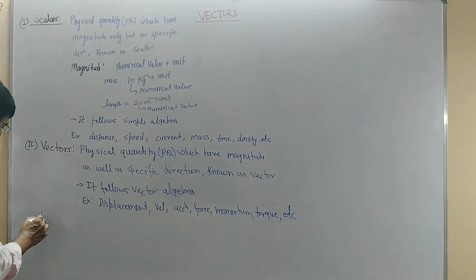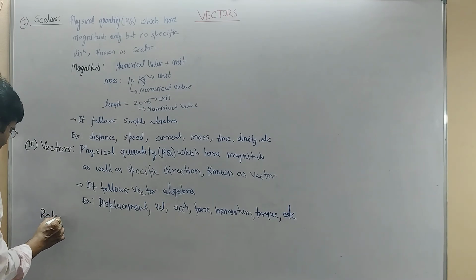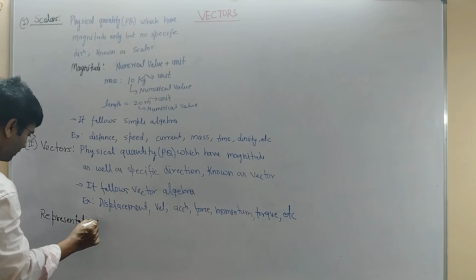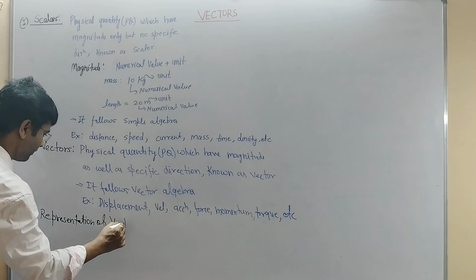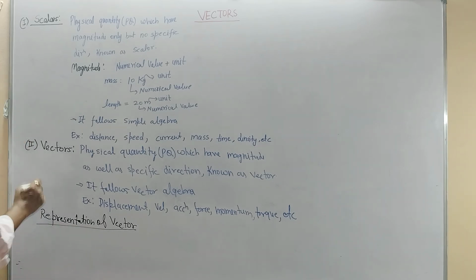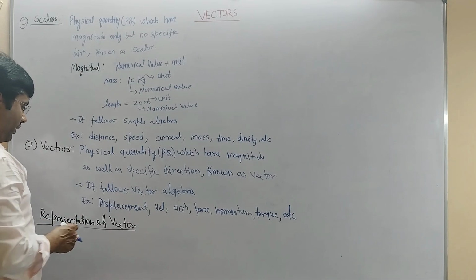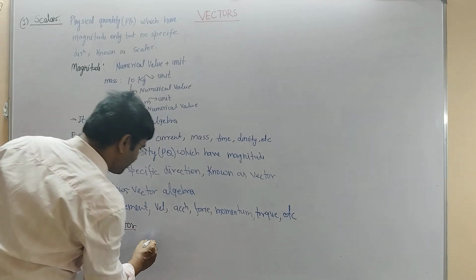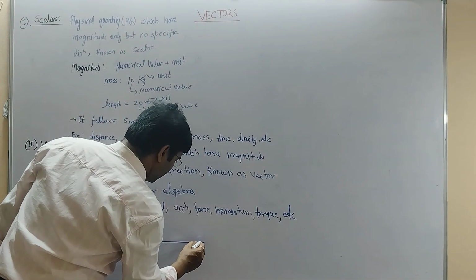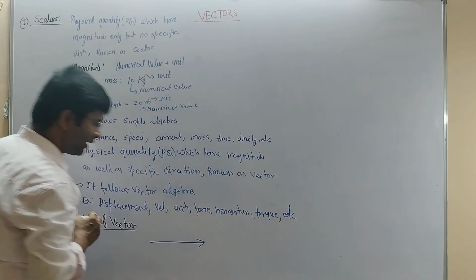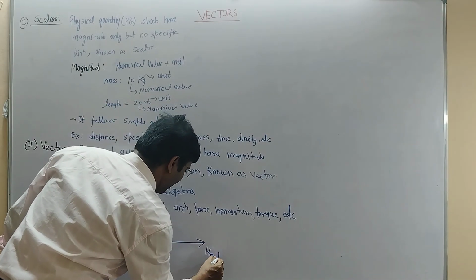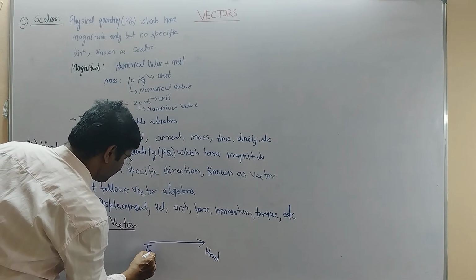Now we have to represent a vector. Representation of vector: how is a vector represented? Whenever you want to represent a vector, you have to draw an arrow like this. This is known as head and this is known as tail.